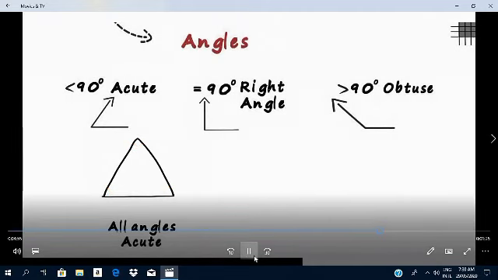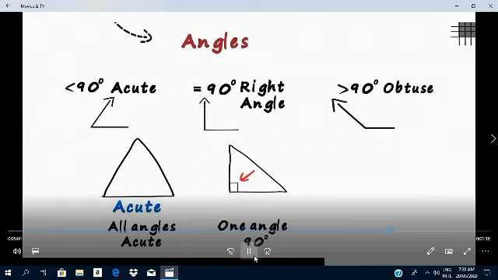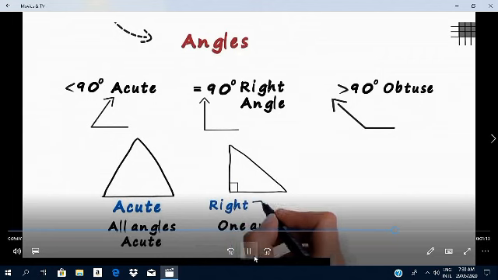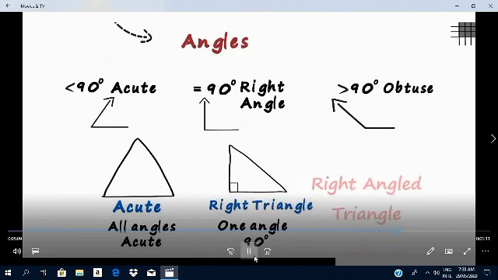Now for less than 90 degrees, all the angles are acute, so it's an acute triangle. Now you can see this. This is the right angle, the 90 degrees we are talking about. So this makes it a right triangle or a right angled triangle because of the 90 degrees. Now the 90 degrees was formed because of the L-shaped perpendicular line.